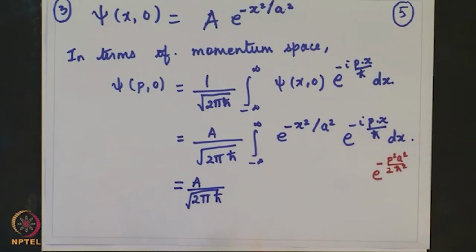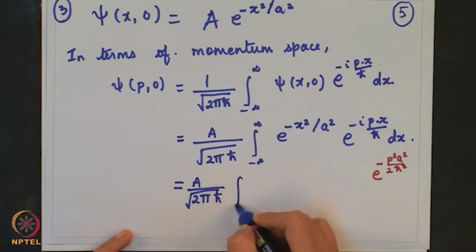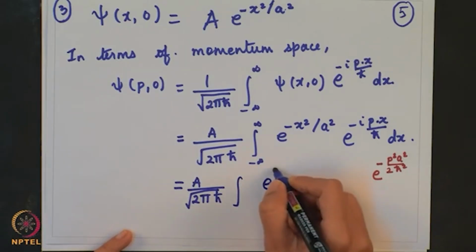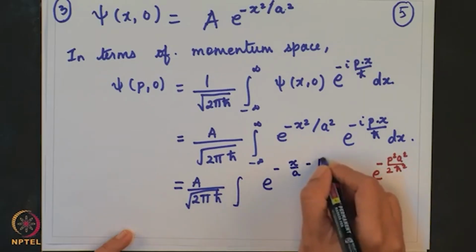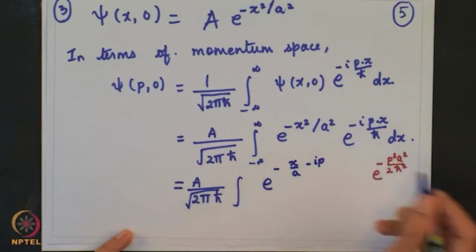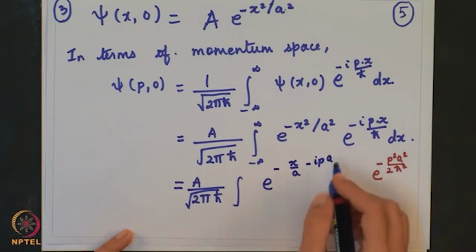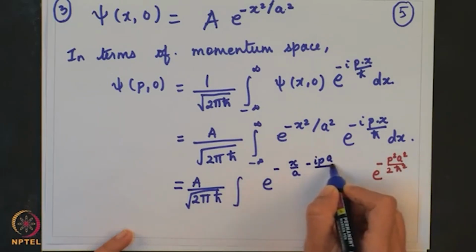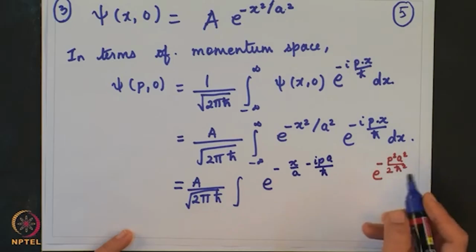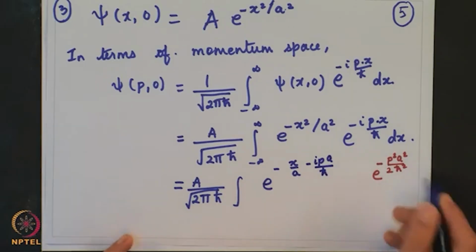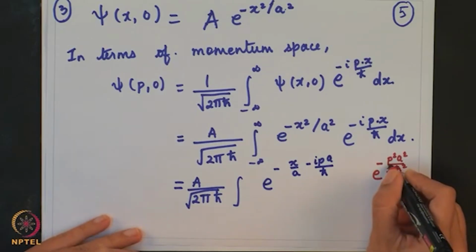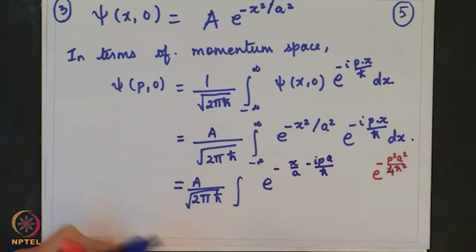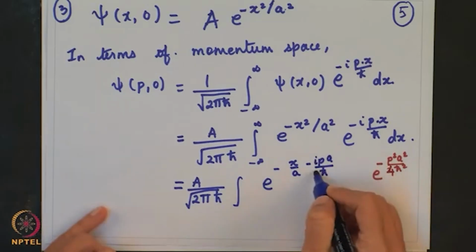So, you will write this as x by a minus i p a upon h cross. I will have a factor of 4, when I am squaring, 2 becomes 4.